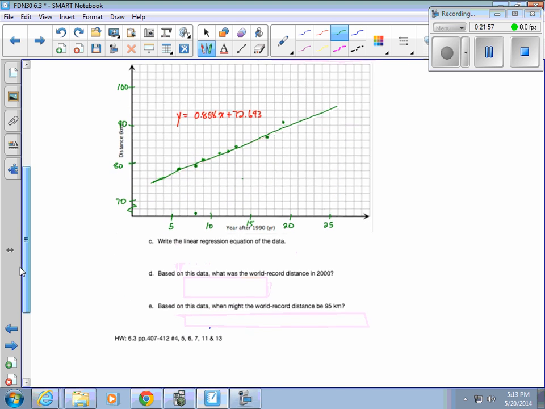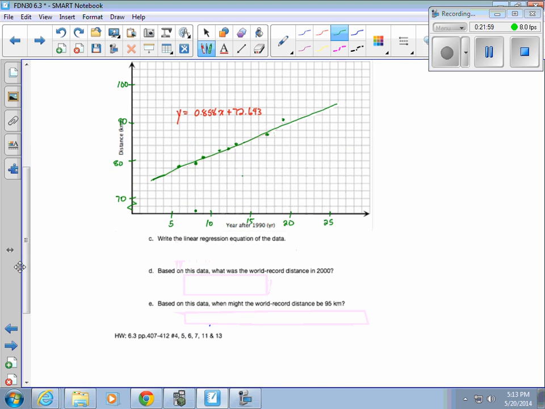There's two ways of doing it. You can look onto your graph, so let's write this in. 0.858x plus 72.643. So in year 10, what you could do to find out what that data is, you could just enter a 10 in there. So I could look off of my chart here, year 10, it looks like it's about 81 or so. Or if you want to be more exact, substitute.